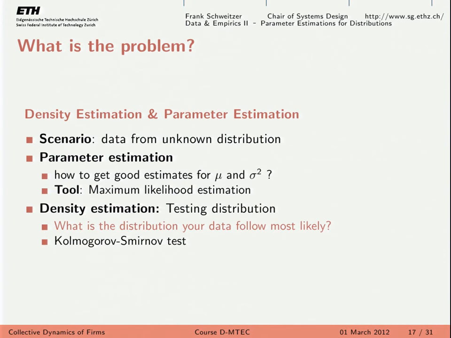Okay, let me now continue with this issue of parameter estimation. We need to know how do we calculate the mu and the sigma. For the normal distribution, I gave you this example already. That means you know what is the result. But now we ask the question, if we do not know the result, how can we get the result?